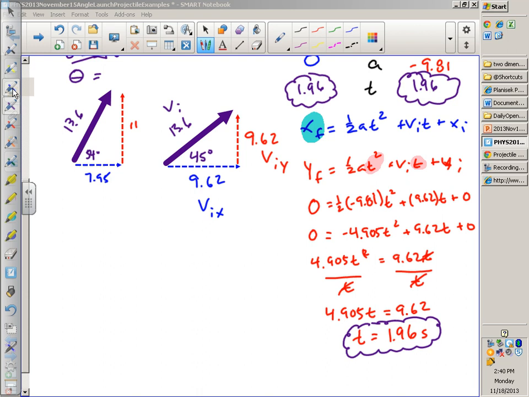And then it's just a matter of using this equation, which actually becomes pretty easy on the vertical side or the horizontal side because there's lots of zeros.